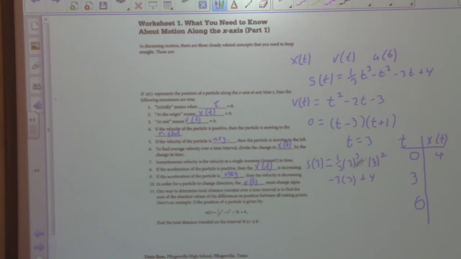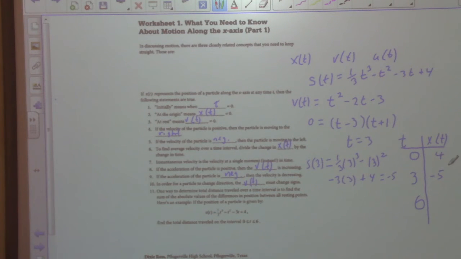So the whole thing's -5? Yeah, so Aaron says -5. Does everybody see that? We got 9 here, minus 9, so that's 0. And then we have minus 9 plus 4, so that's going to be -5, okay?